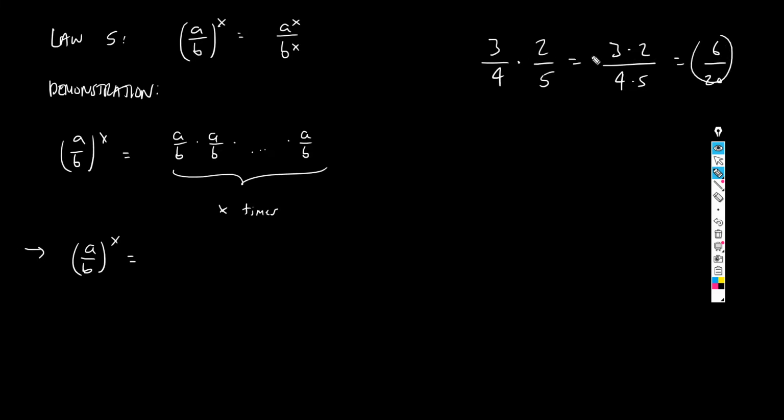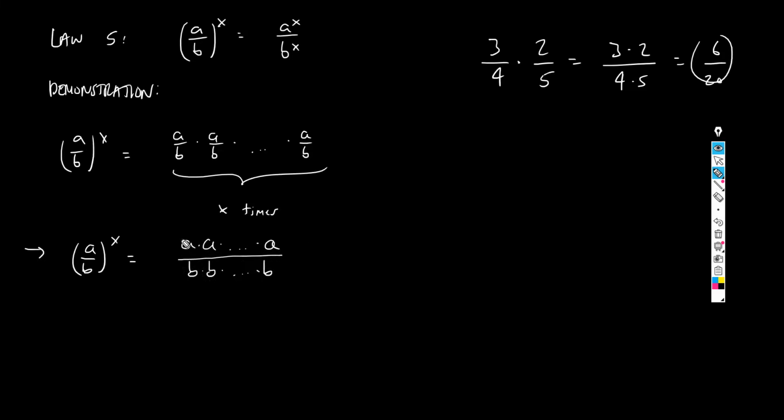As long as I understand that all of this is equal to the multiplication of the numerators over the multiplication of the denominators. So I'm going to do that in here. All of this in the end will be equal to a times a times a times a times a, all the multiplication of the numerators, divided by all the multiplications of the denominators, which are just b's. So a times a times a times a times a over b times b times b times b times b.